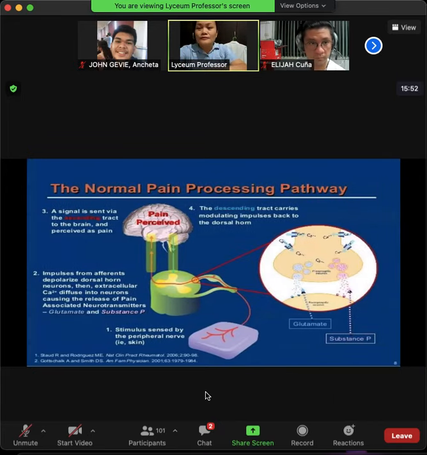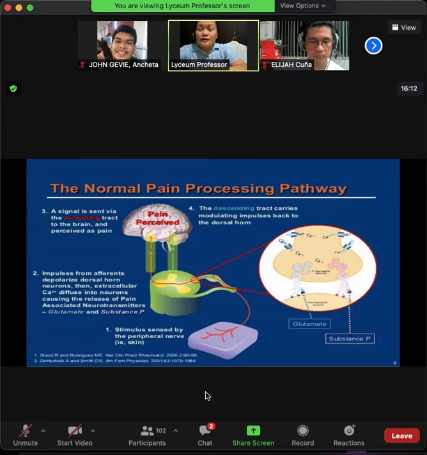So now we have here your normal pain processing pathway. We have step one, which is when the injury is given, and then you will have your step two, wherein wait lang, marami pang pumapasok. Okay.